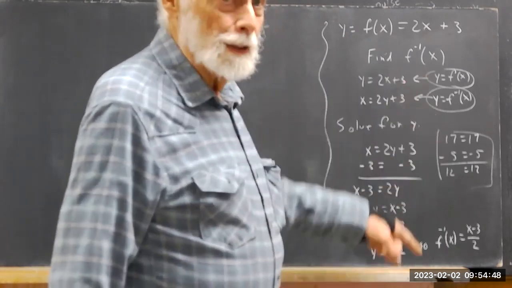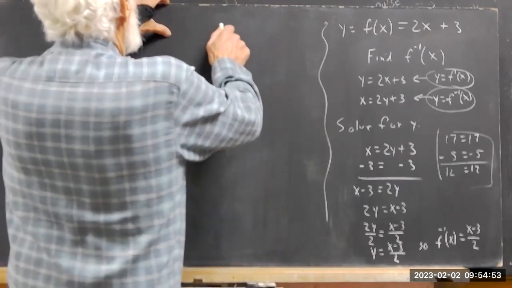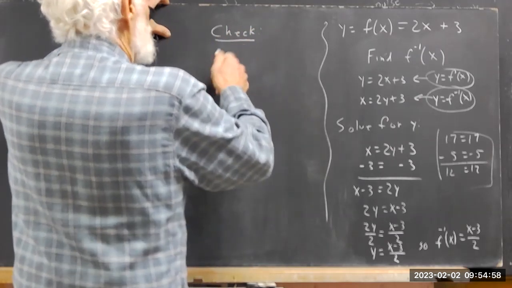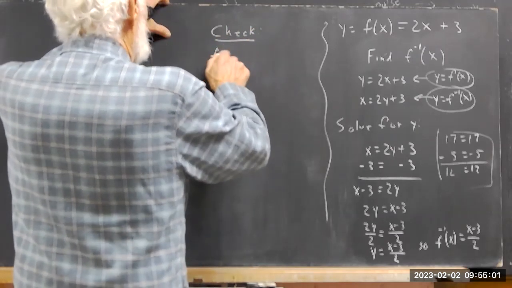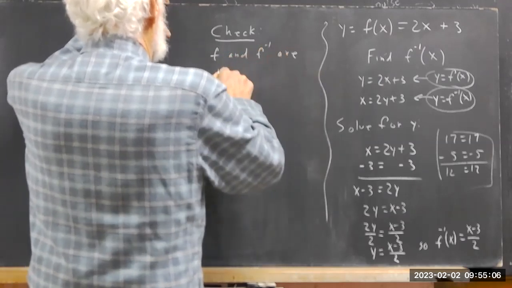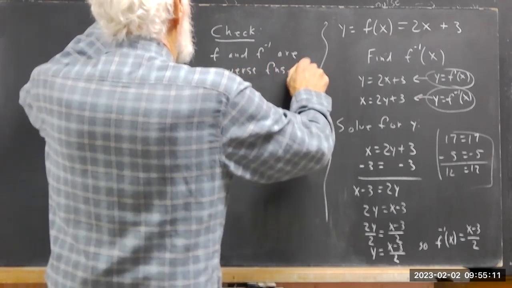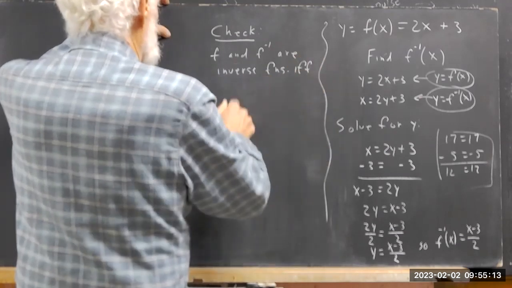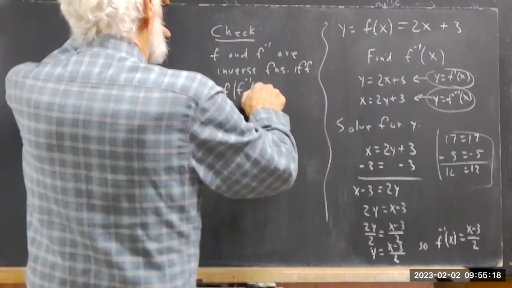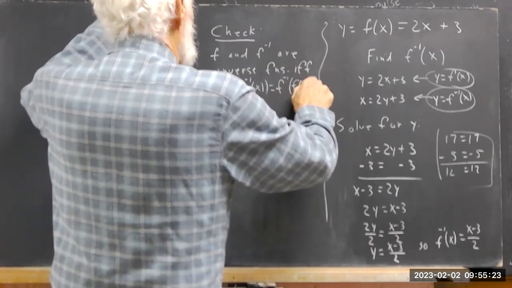Now we want to check to see if this is really the inverse function. It's the inverse function if and only if f of f inverse of x equals f inverse of f of x.